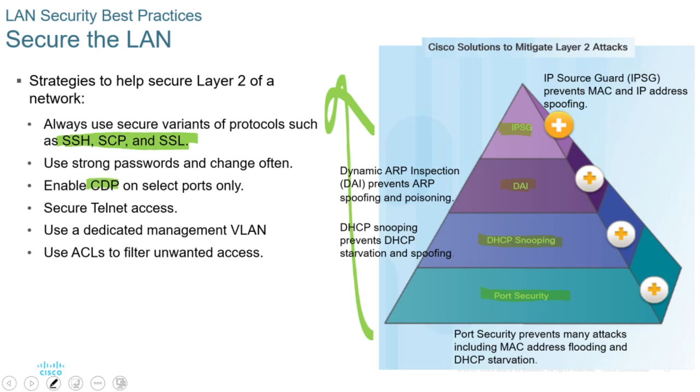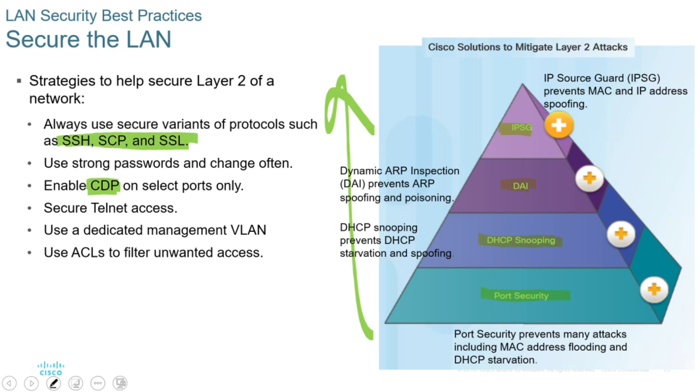Either not using CDP, or enabling CDP only on select interfaces. Having a proper VLAN plan, using a dedicated VLAN management approach, using ACLs to eliminate unwanted access, and using port security.